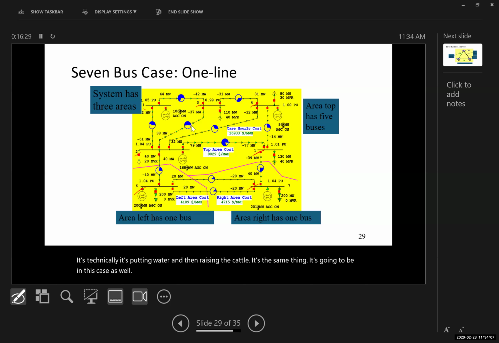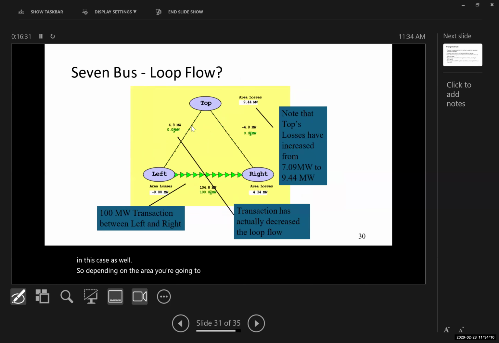So depending on the area, you're going to have different powers and different pricing. Now, this shows a 100 megawatt transaction between left and right. And you can see, using this transaction, it will decrease the loop flow.